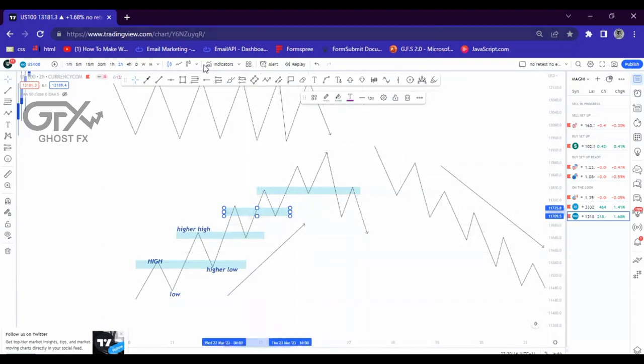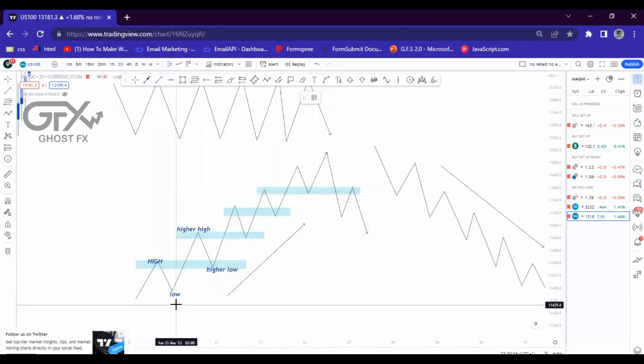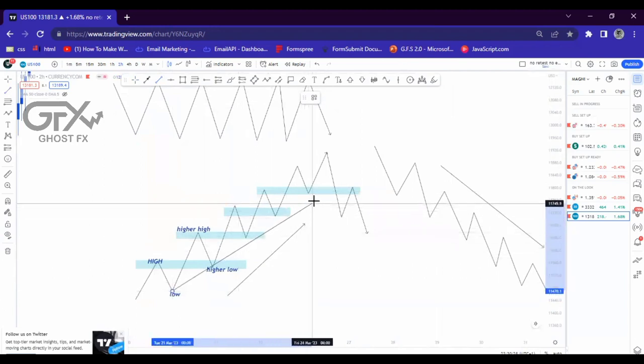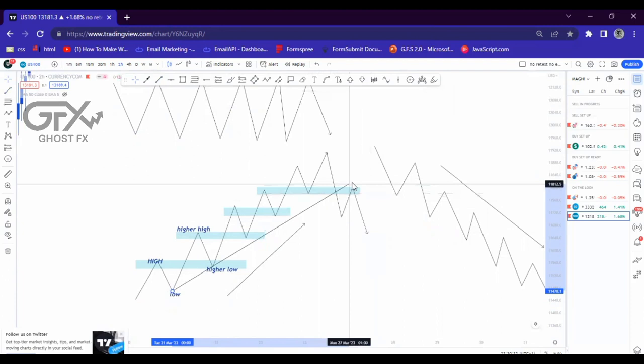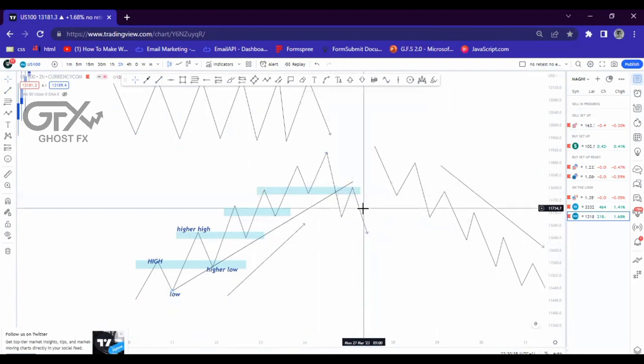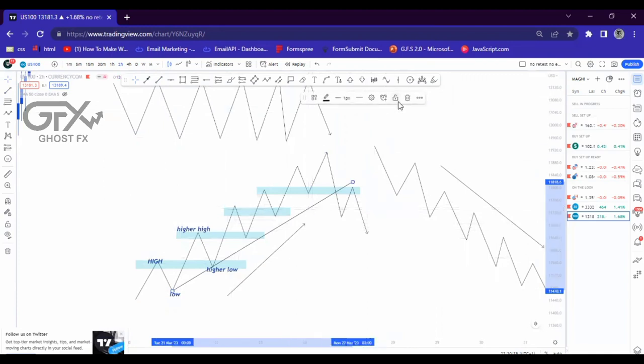Like I told you guys, if you want to know if the trend is still intact, you look at the recent low and see if price has broken the recent higher low. If price has not broken it, then we're still in an upward trend. If you're using trend lines, you have your trend lines this way and you still keep your trend intact. Once price breaks your trend line and retests it, then basically you're going for a sell. So that is how you know an upward trend is still intact.